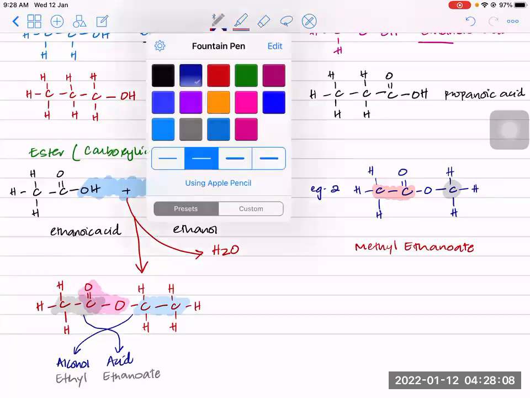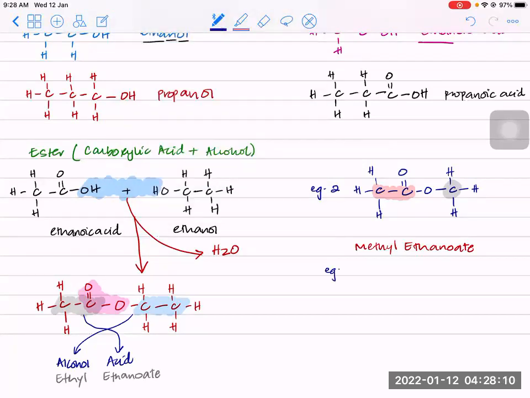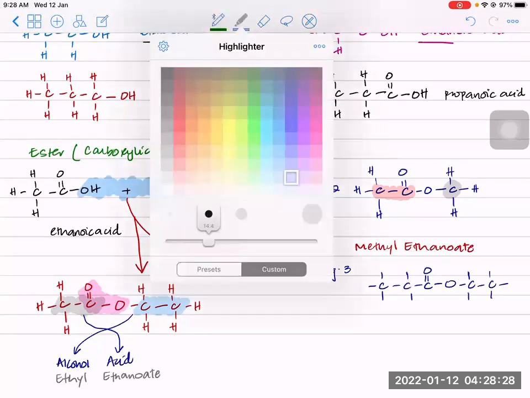Let's see another example. I'm not putting the H's. Now everything you have after the C single bond O comes from the alcohol, written first.